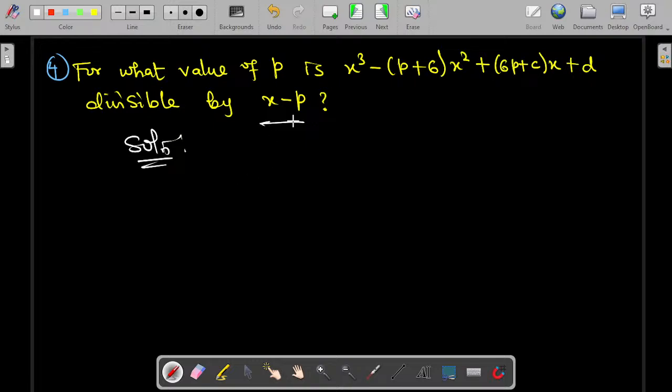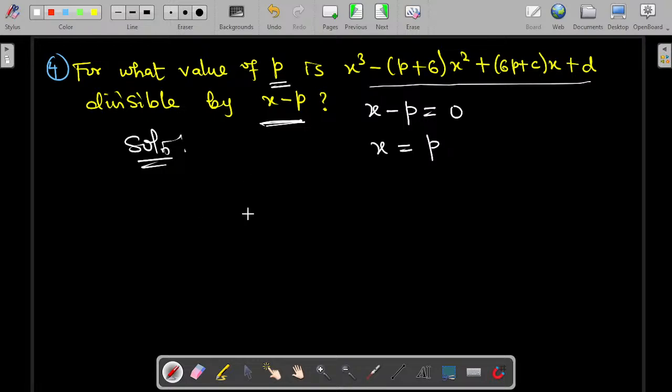For x minus p to be a factor of this, it means that if I equate this to 0 and make x the subject, which is x equal to p, and substitute it into this polynomial, my answer should be 0. So once you do that, you will get an equation, and from that equation you will get the value of p. Did you understand that?